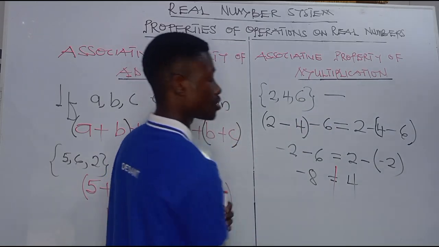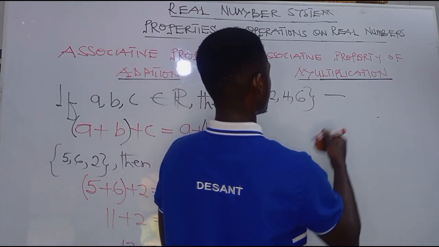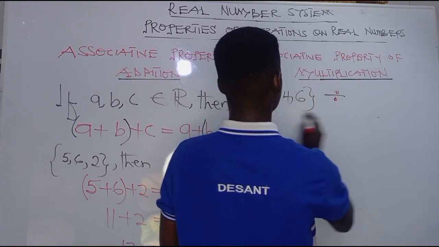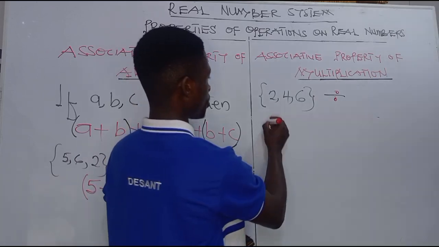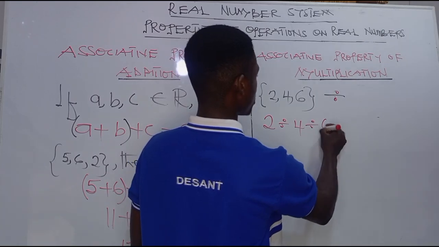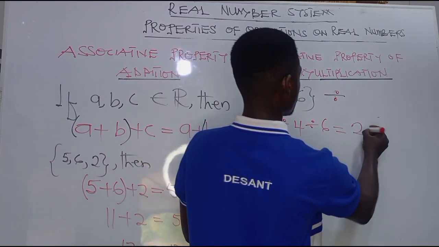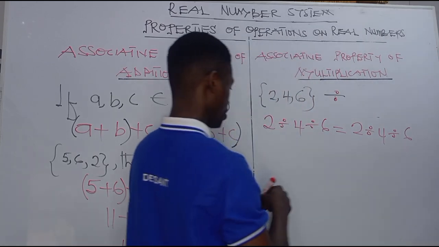Let's look at that of the division. So we are still going to pick three numbers from the set of real numbers. So we have (2 divided by 4) divided by 6, and then 2 divided by (4 divided by 6).